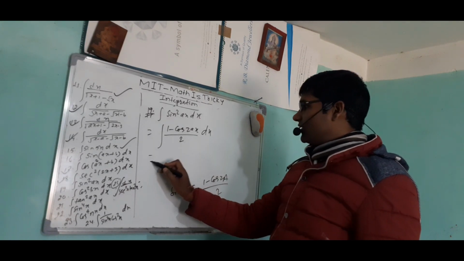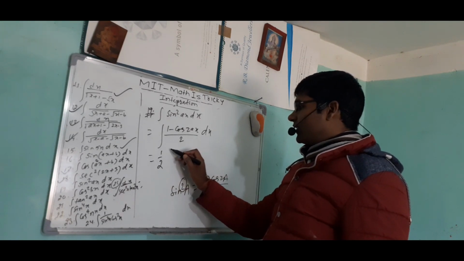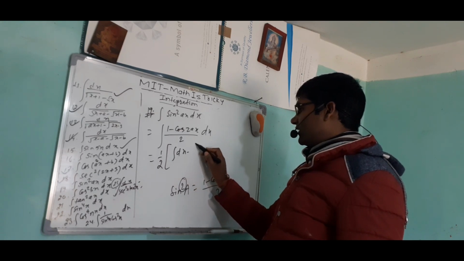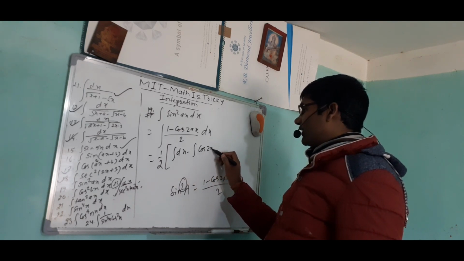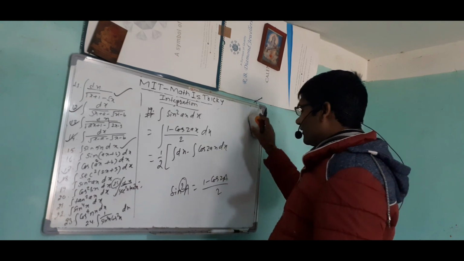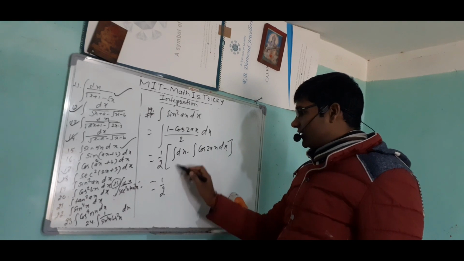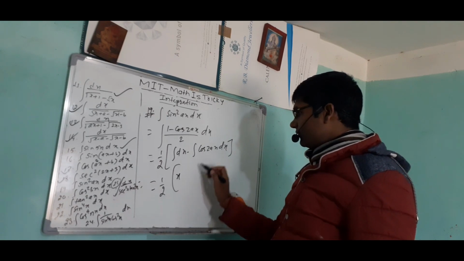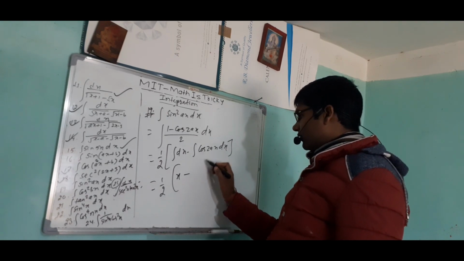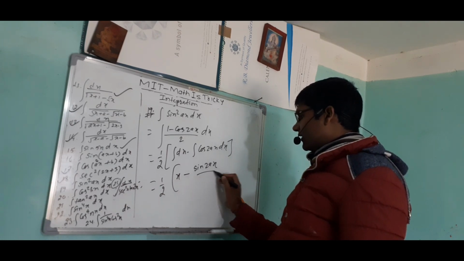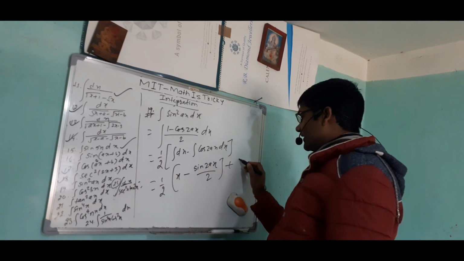Now we can separate this: 1/2 outside, and the integration of dx minus the integration of cos 2ax dx. Now by using the formula we'll have the answer. So 1/2, the integration of dx is x, and the integration of cos 2ax is sin 2ax/2a, plus c is your answer.